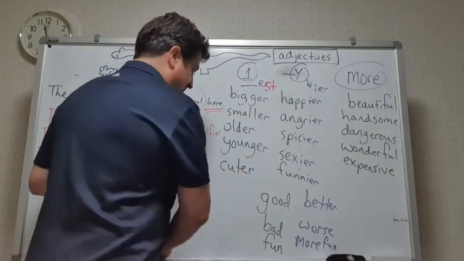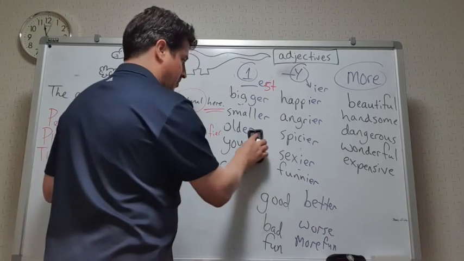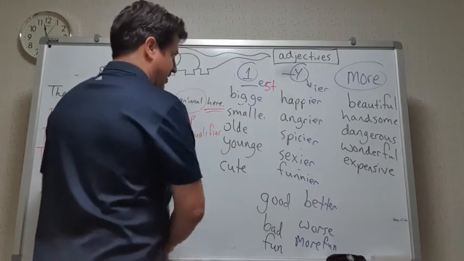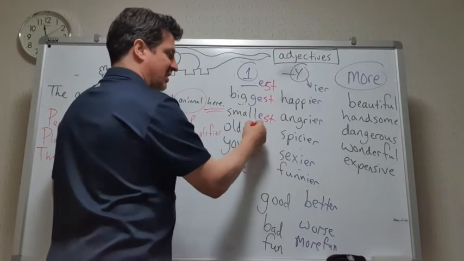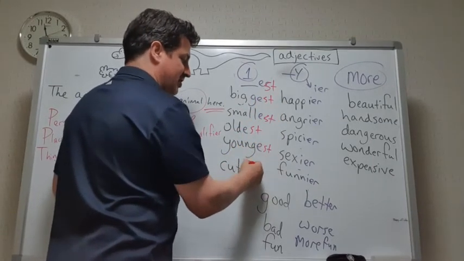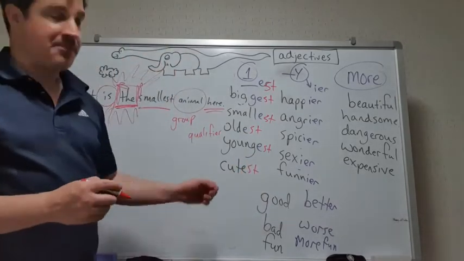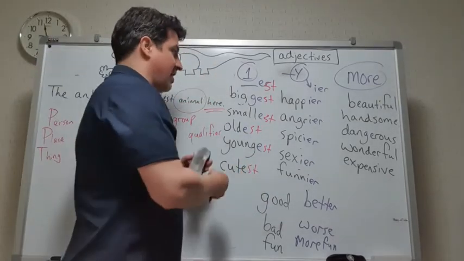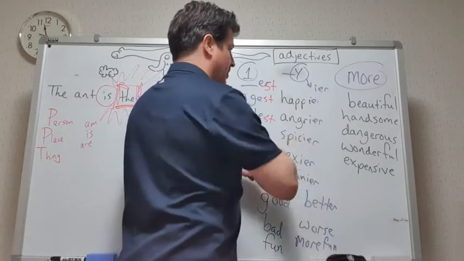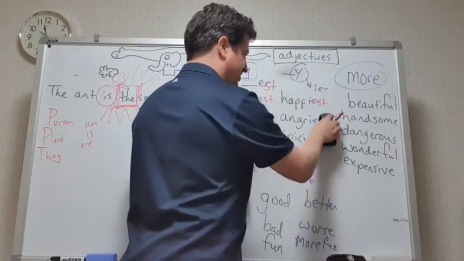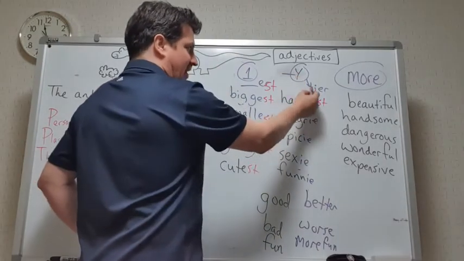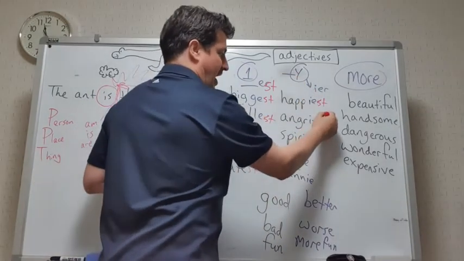So instead of becoming bigger, now biggest, smallest, oldest, youngest, cutest. Same thing: instead of becoming happier, it becomes happiest. Same rule with the Y changing to an I.